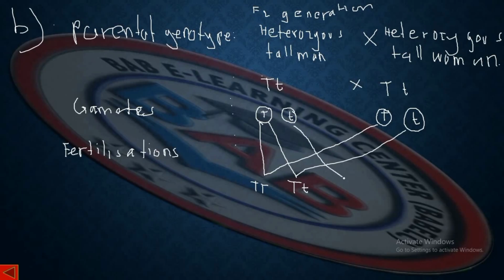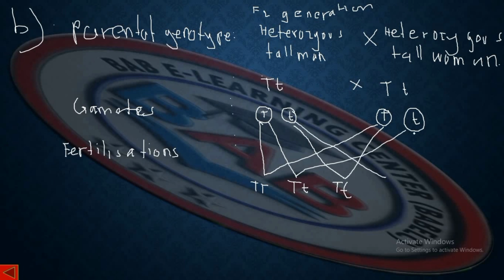This recessive allele for shortness fertilizes the allele for tallness, forming a tall offspring.